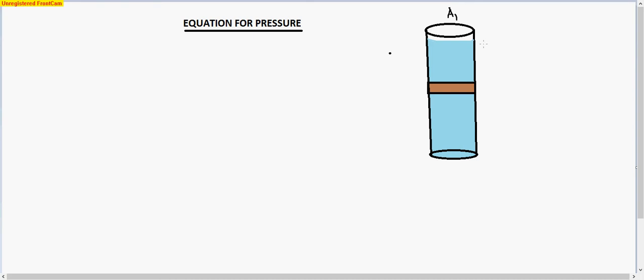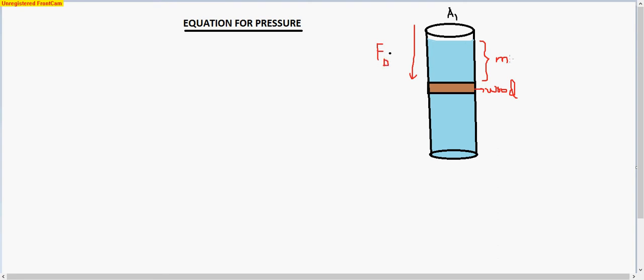Just assume that the mass of this liquid above this piece of material is m. Let's assume that it's wood, just so that we can call it wood every time. Assume that the force exerted by this liquid on this piece of wood is Fd.